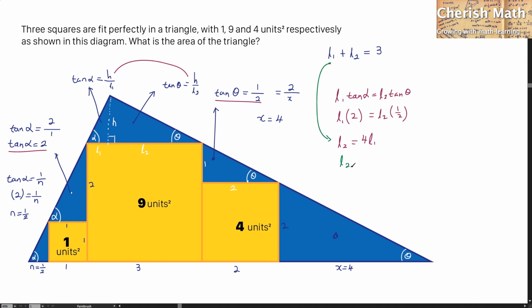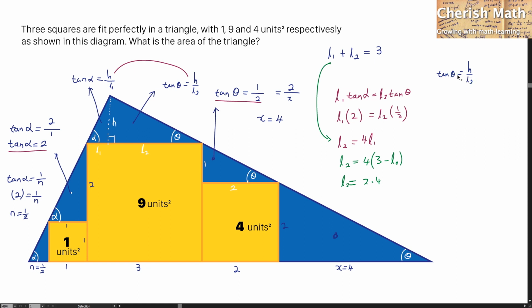It turns into L2 equals 4 multiplied by (3 minus L2). And the value of L2 I'm getting here is equal to 2.4.